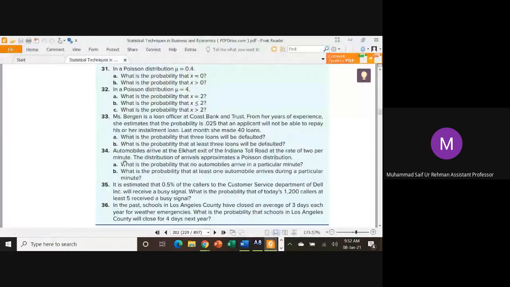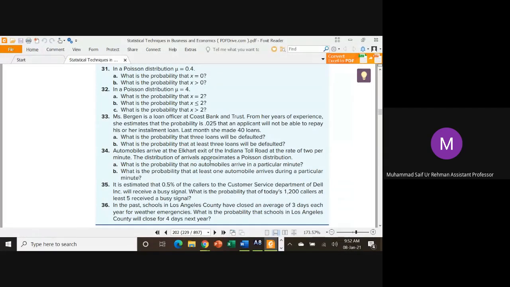Now let us see question number 34. Automobiles arrive at the Elkhart exit of the Indiana Toll Road at the rate of 2 per minute. The distribution of arrivals approximates a Poisson distribution.